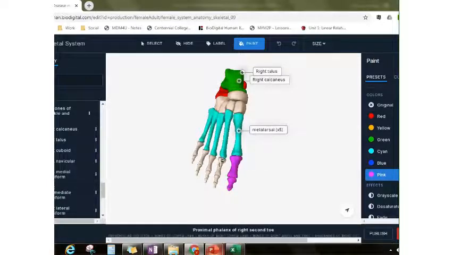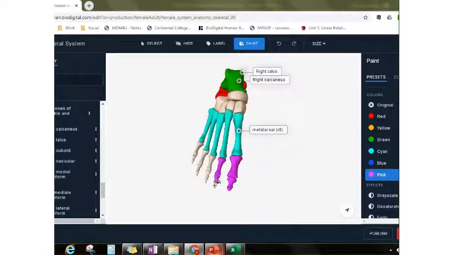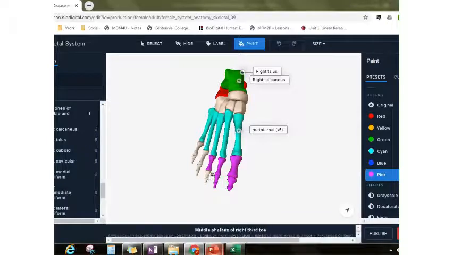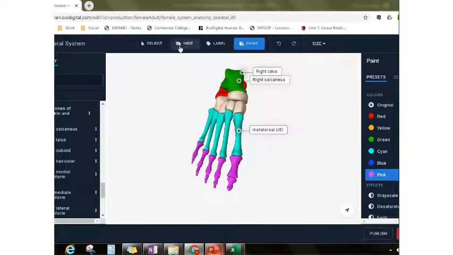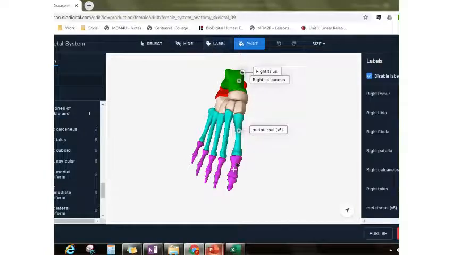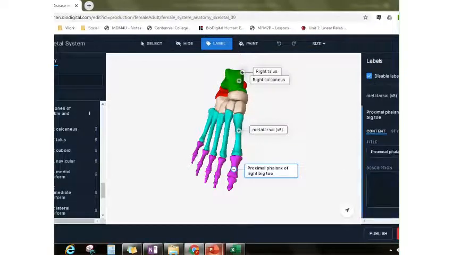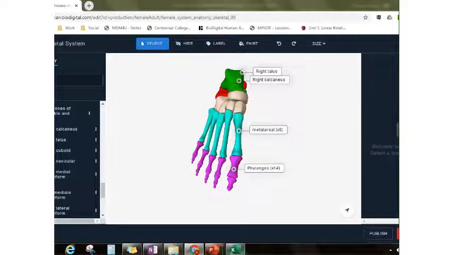You have a total of 14 phalanges once again, right? So 2 in the big toe, and then 3 for each of the other toes, and that makes up a total of 14 phalanges, right? So those are the bones of your foot.